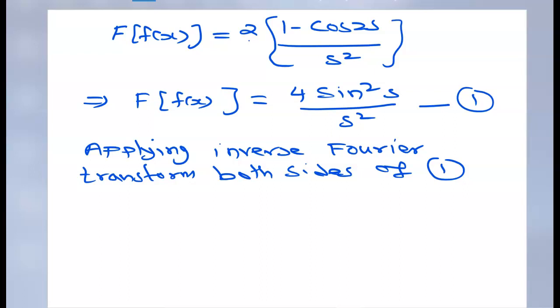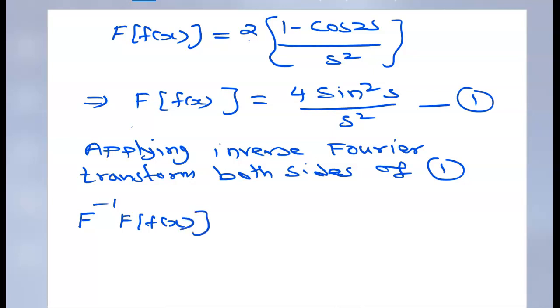When we apply the inverse Fourier transform, literally what I am doing is putting F inverse in the equation number 1. So whatever I have, let me write here, F inverse of f of x.